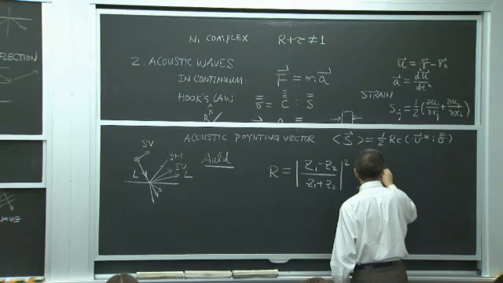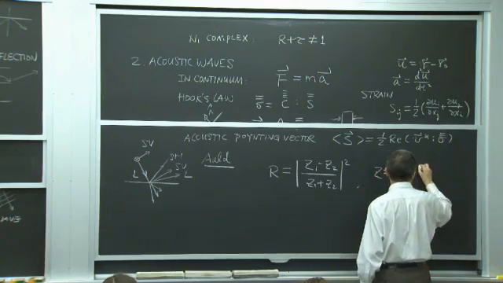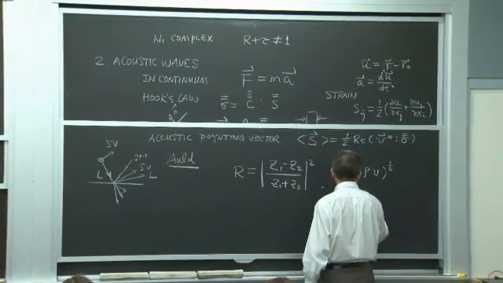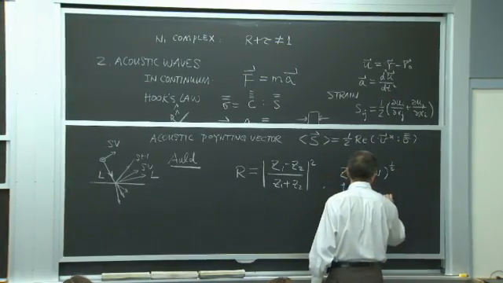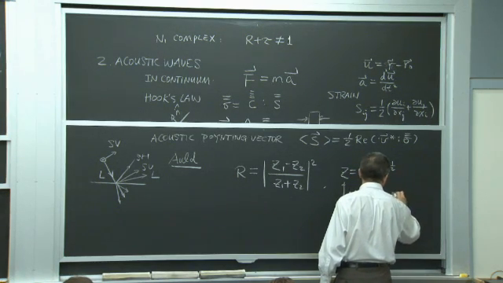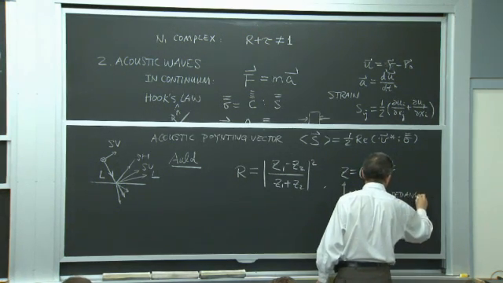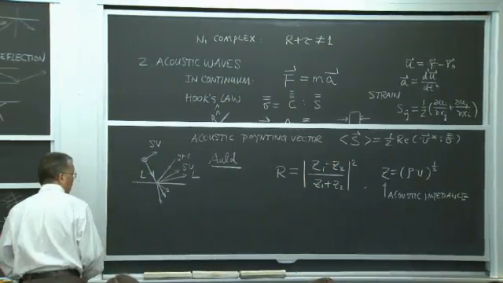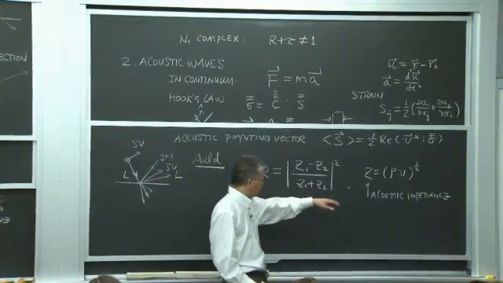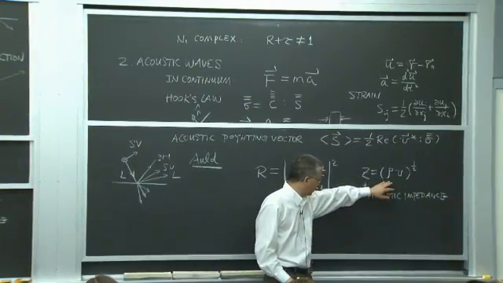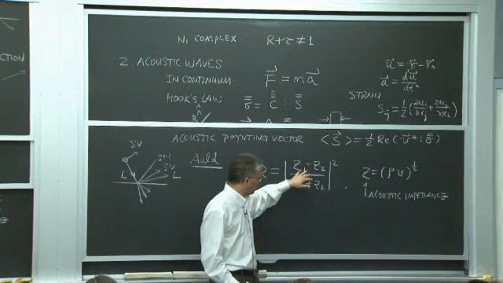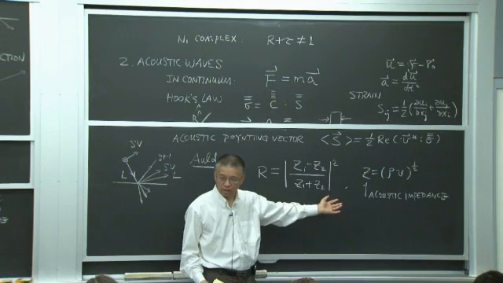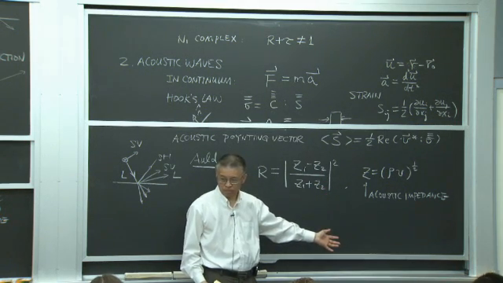Here Z is the square root of density times velocity, and this is the acoustic impedance. Okay, so roughly it's density times velocity, the speed of sound. You can think of it that way, and again, it's the difference in acoustic impedance that gives the reflection of acoustic waves, right?